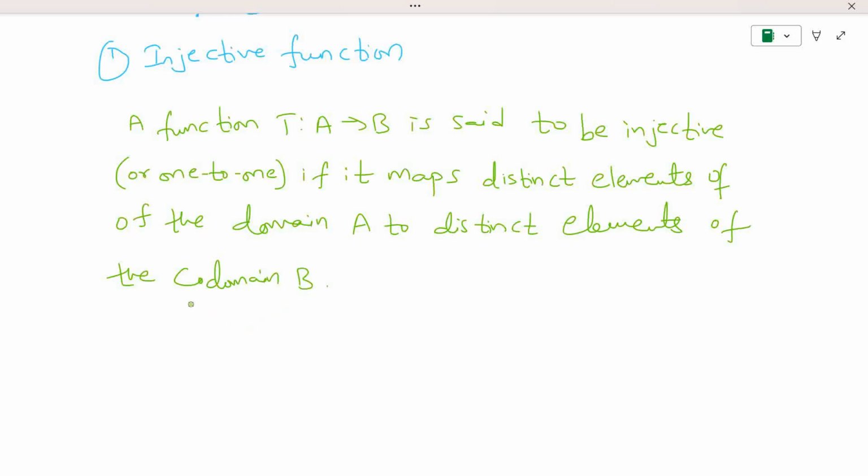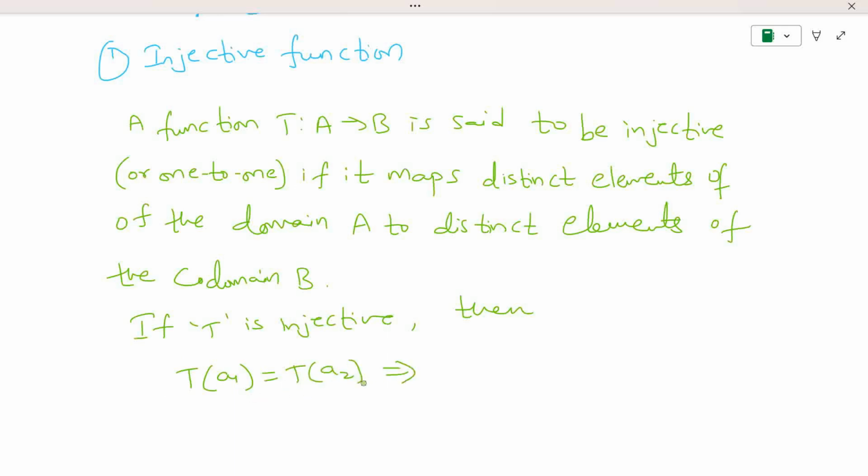So what does this definition imply is if T is injective, then if T is injective, then T of A1 equal to T of A2 implies.